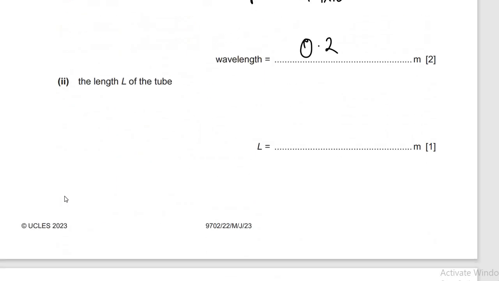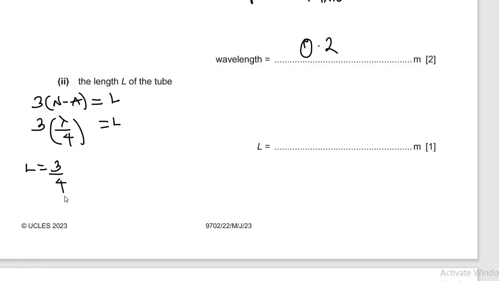So we have 3 node-to-antinode distances that make up the length. Node to antinode is lambda over 4, so L is 3/4 of lambda, and lambda is 0.2. So that gives us 0.15. That's the length.